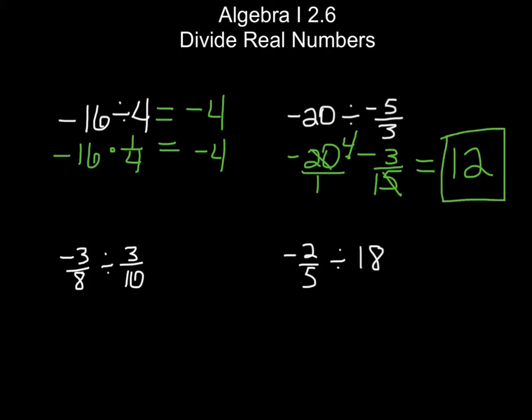Our third example, negative 3/8 divided by 3/10. We're going to keep the first number just as it is, negative 3/8. Change the division sign to a multiplication sign. Multiply by the reciprocal. 10 over 3 is the reciprocal of 3 over 10.